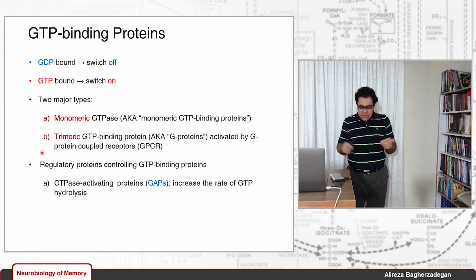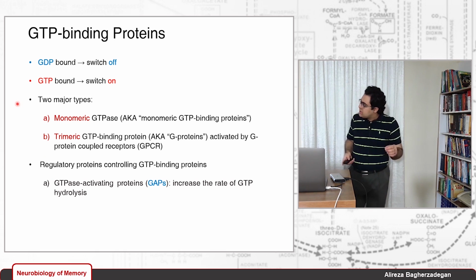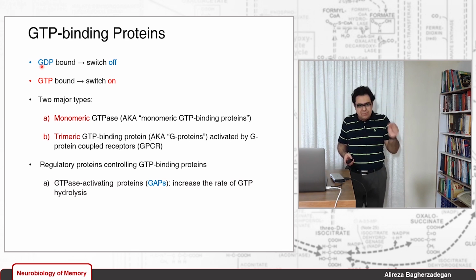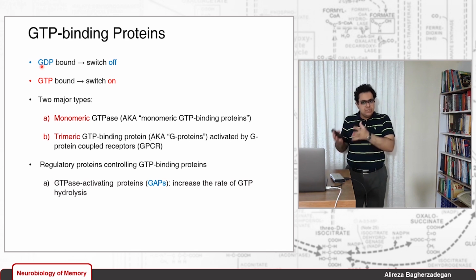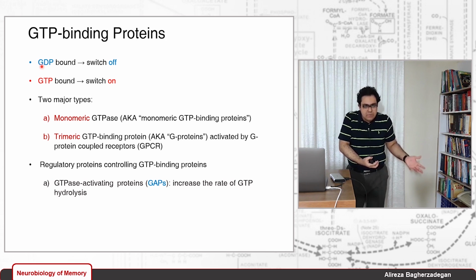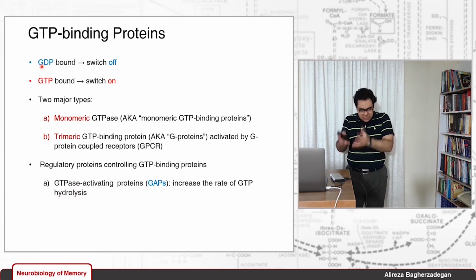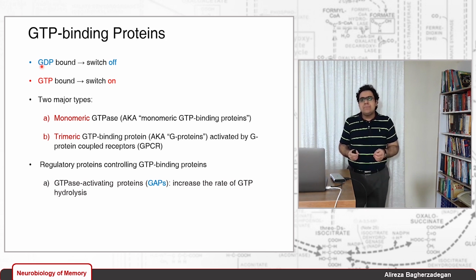Earlier, I told you that when GDP is bound, the G protein is inactive. So when GAP facilitates the hydrolysis of GTP to GDP, it means that GAP proteins make G proteins inactive.